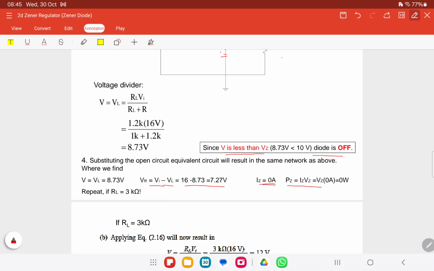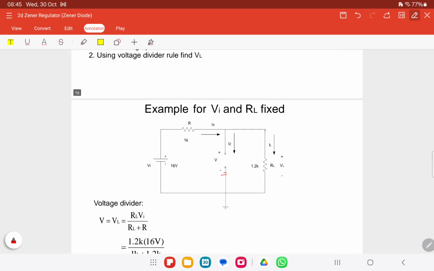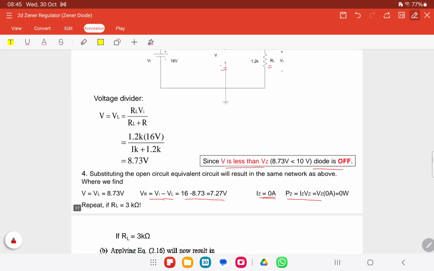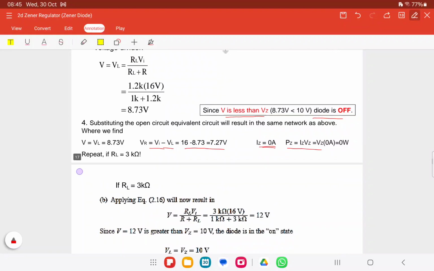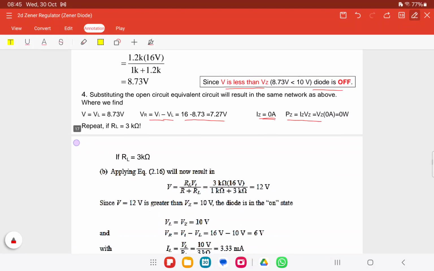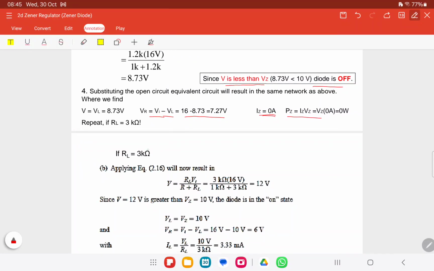Okay, so now kita nak tukar the value of this RL jadikan 3. Tukarlah, saya nak jadikan 4. What will happen? Ni dia bagi 3. Okay, kalau kita nak jadikan RL ni equals to 4, kita guna 4 kilo ohm.